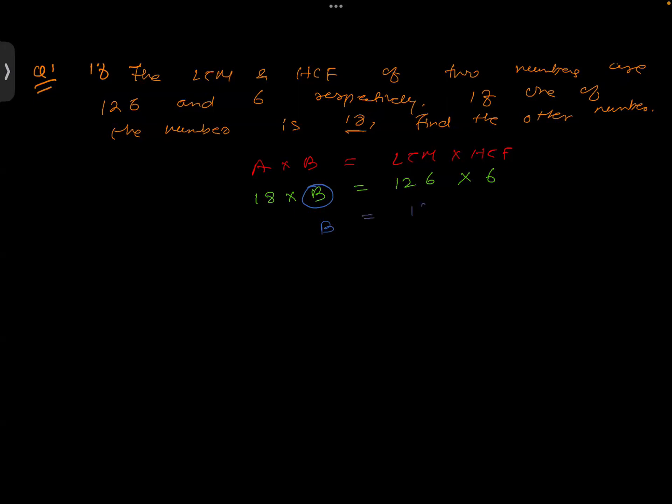Then you will bring 18 from this side to the other side. That is upon 18. Here it comes in division. 126 times 6. Multiply this quickly. Multiply 126 with 6. Yes, do the multiplication fast.